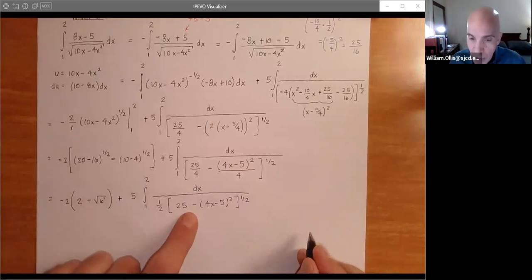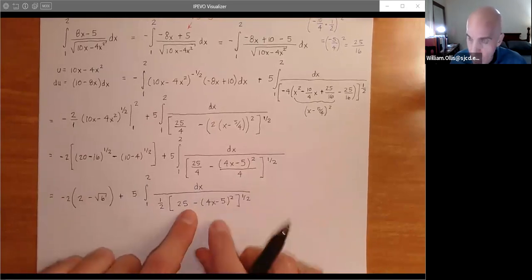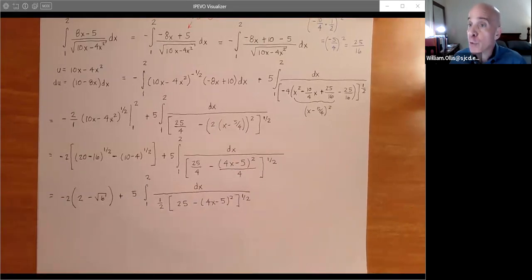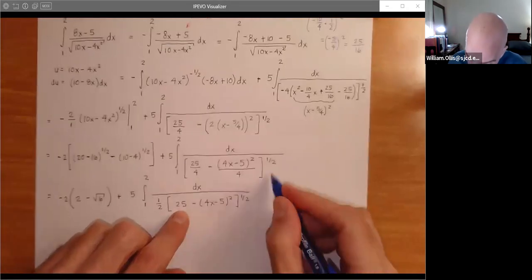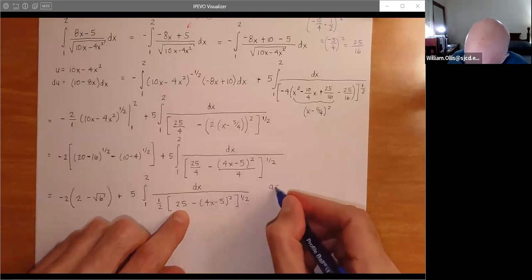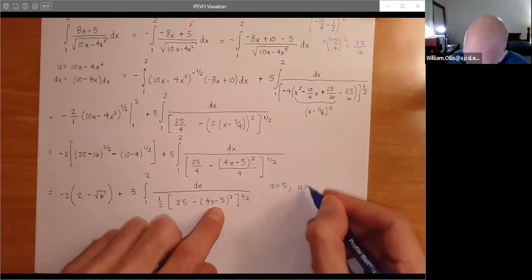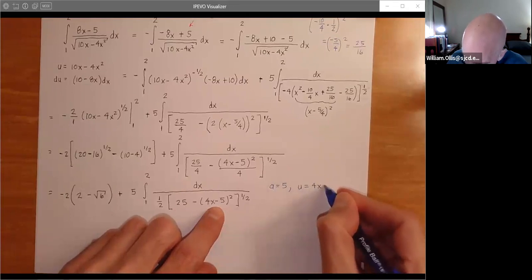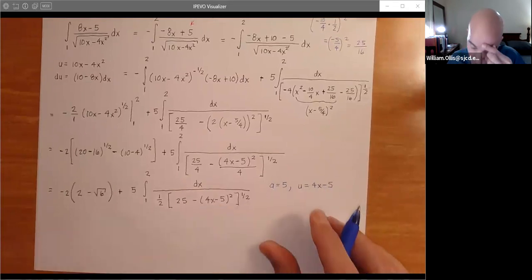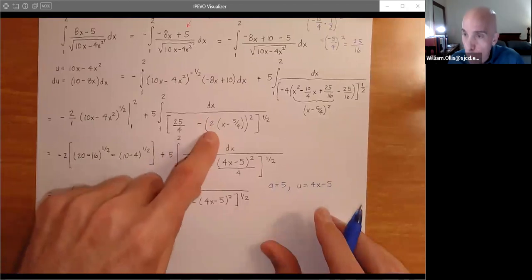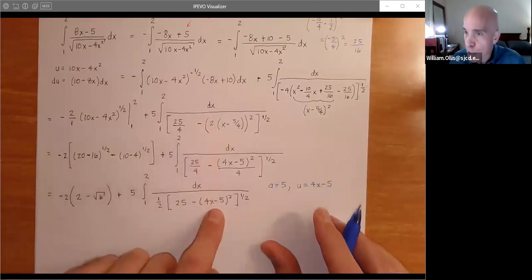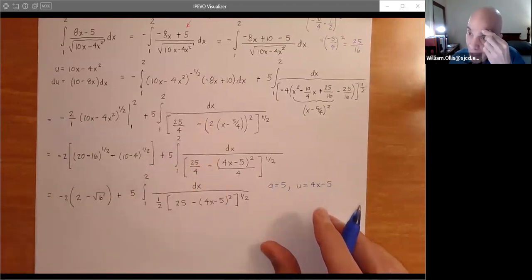Now we can adjust this because now it's nice and user friendly. So we can say, okay, well, we've got an a here of 5, and we have a u of 4x minus 5. You're thinking again, we could have saved ourselves some time to avoid some of this algebra, but I think this is good practice to make it look a little bit easier and then easier to evaluate.